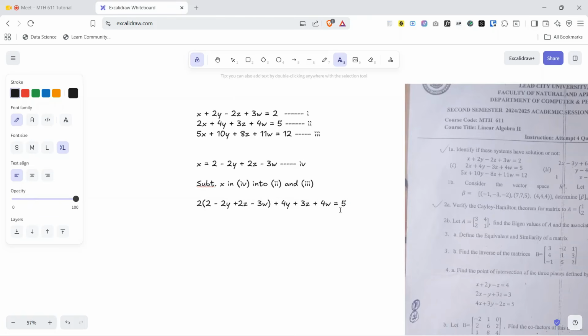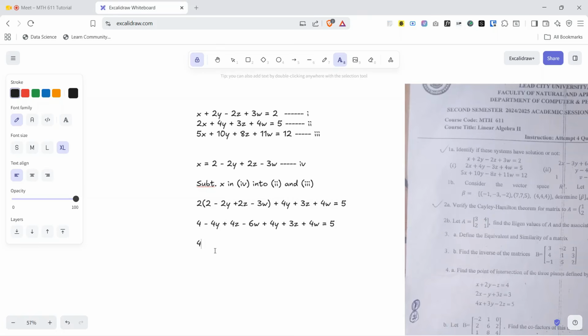So this will now be 4 minus 4y plus 4z minus 6w plus 4y plus 3z plus 4w equals 5. When you combine the like terms, minus 4y plus 4y means y is cancelled.